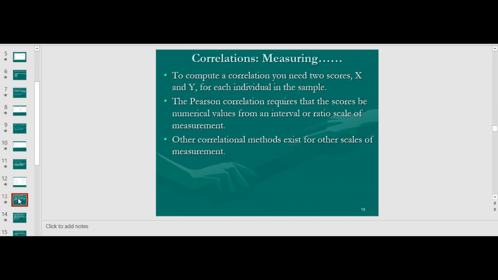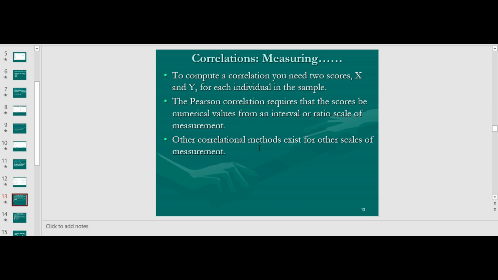To compute our relationship, we need two scores, x and y, for each individual in the sample. The Pearson correlation requires that the scores be numerical values from an interval or ratio scale of measurement.